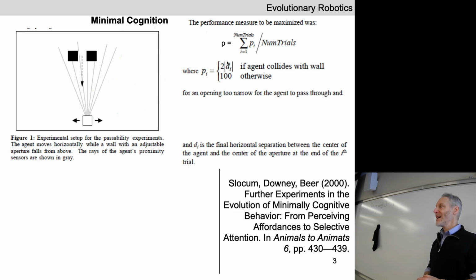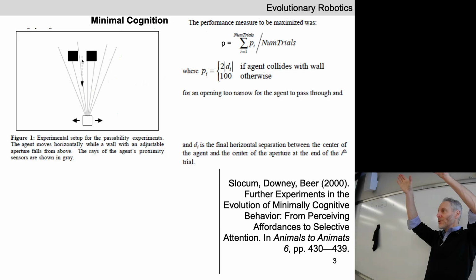It's going to act as if it can correctly perceive the affordances of this pair of objects, or what this pair of objects affords it, which is this pair of objects either affords a passageway between them that is wide enough for the robot to get between them, or a pair of objects is going to fall that projects an affordance that says, I am not passable to you.